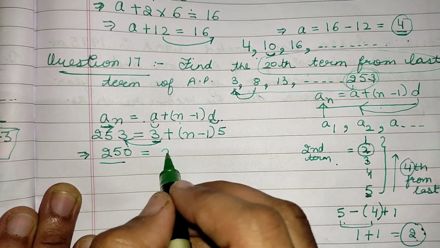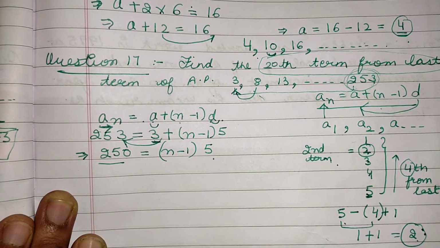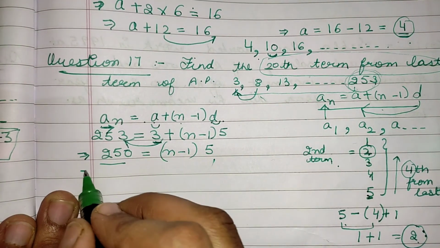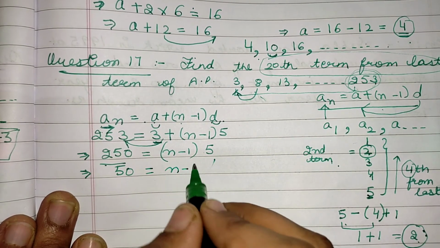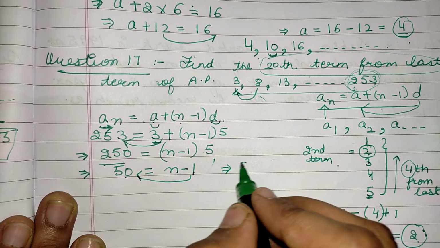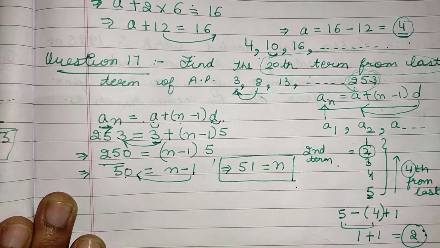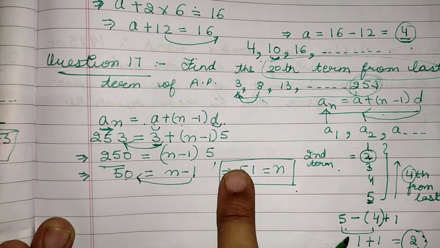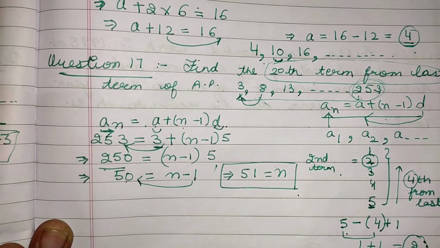I will get 250 is equal to n minus 1 into 5. So this 5 will be divided, and I will get 250 by 5 is equal to 50. Then this 1 will be added here, so 50 plus 1 is equal to 51, which is n. Means there are a total of 51 terms in the AP.